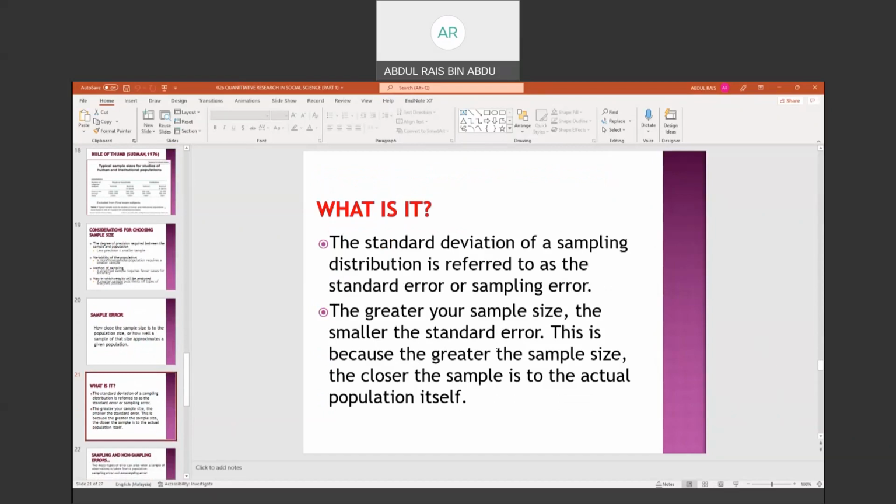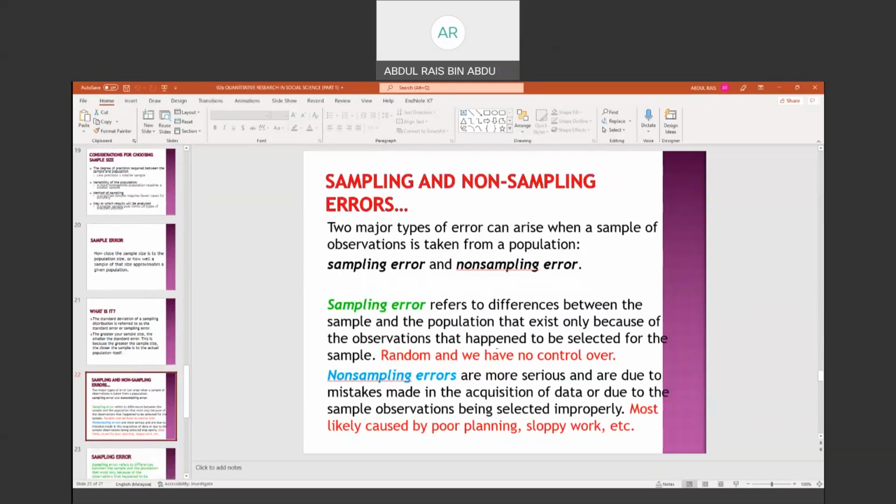Sampling error is the standard deviation of a sample distribution, referred to as the standard error. However, if your sample size is bigger, the smaller the chance of that standard error occurs, and this is because the greater sample size, the closer it is to the actual population itself.